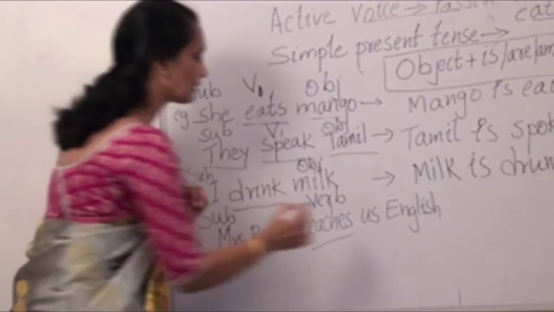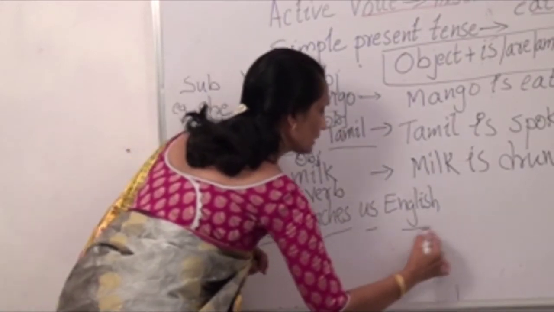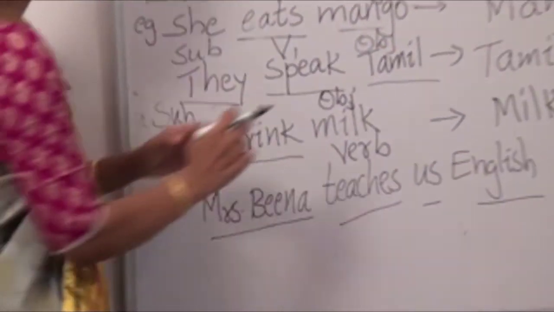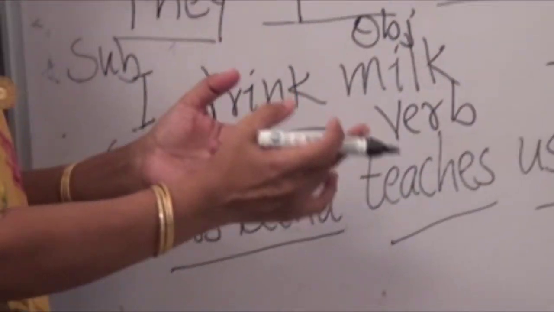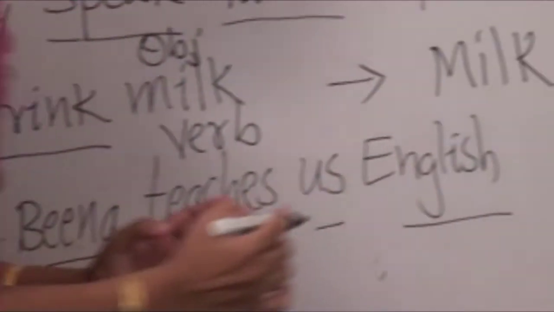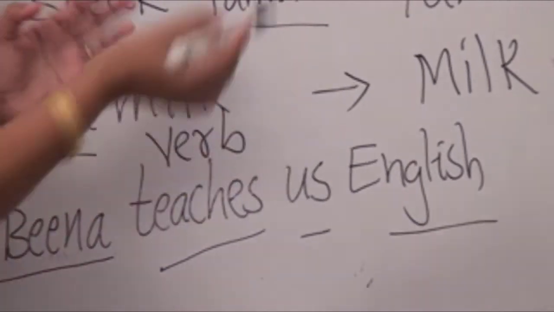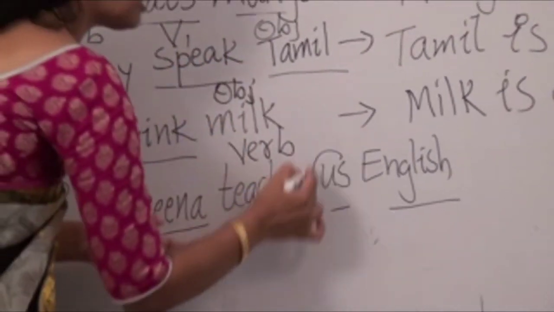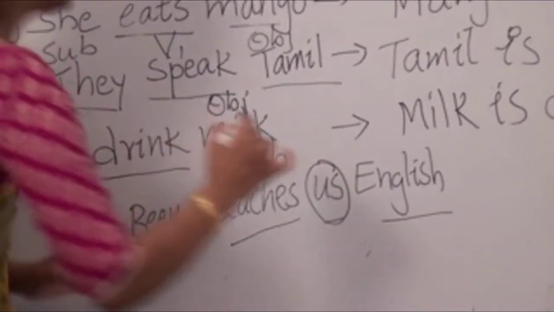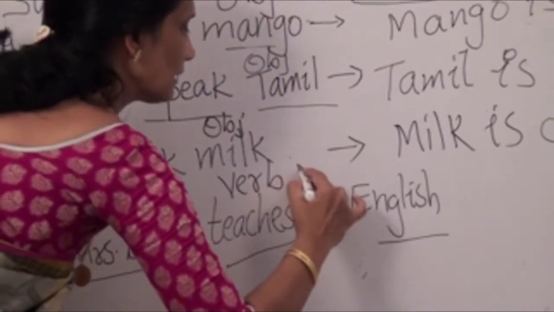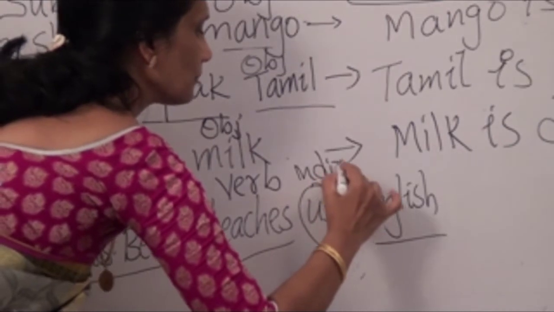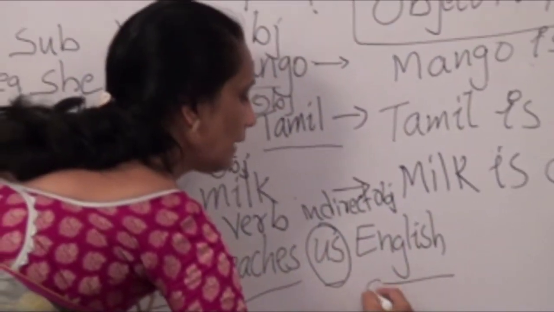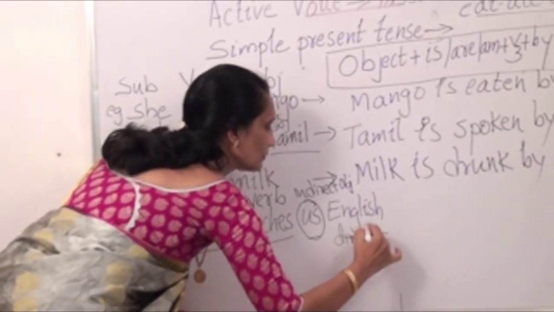Here there are two objects, us and English. When there are two objects, one is called the direct object and the other is called the indirect object. Mostly the person is called the indirect object. This is the indirect object, and this is the direct object.